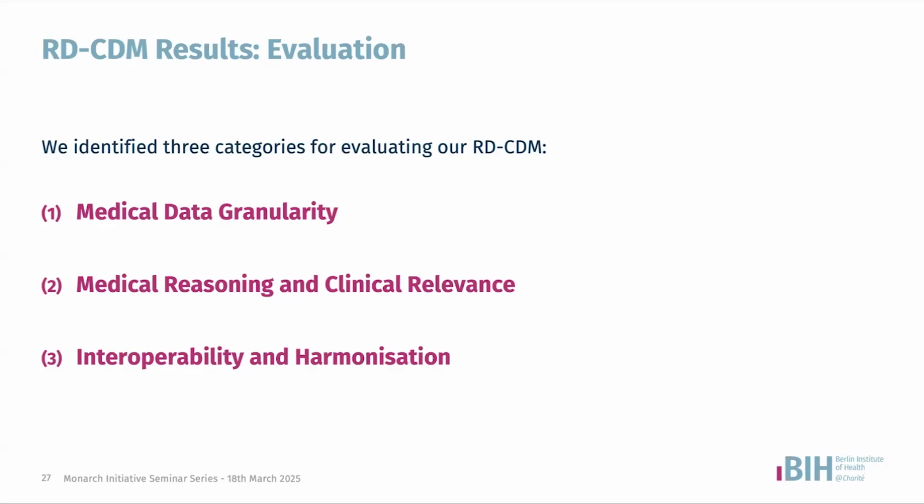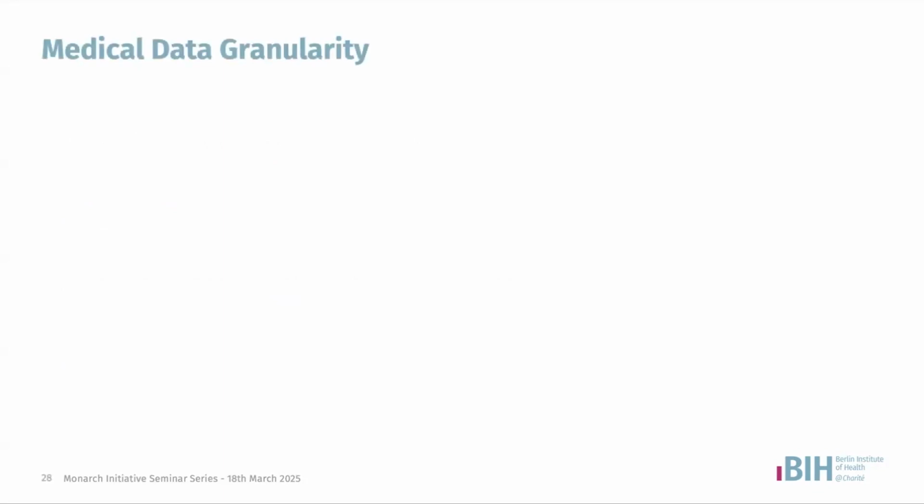As it was a very large model and a very large topic to address, we identified these three categories: medical data granularity, medical reasoning and clinical relevance, and interoperability and harmonization, to evaluate our data model, and not just have it stand there, but to really think and express how we worked in the last 3 years and what kind of insights we had.